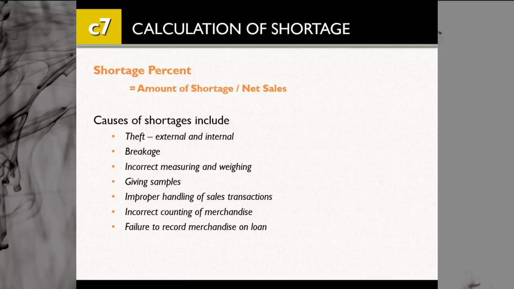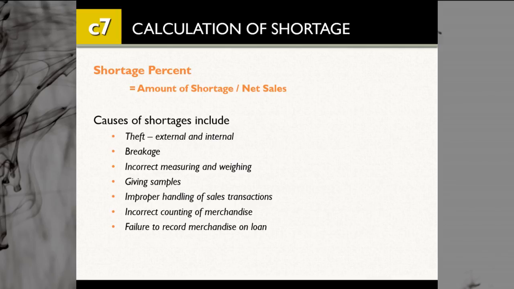Let's talk about some reasons for these shortages. First, theft. It can be either external or internal theft. Maybe you have heard about shoplifting, so customer theft or employee theft will cause shortages. Also, any breakage will be a cause of shortages.